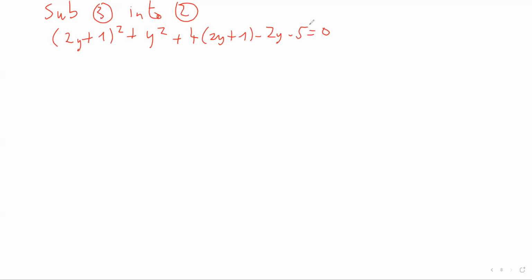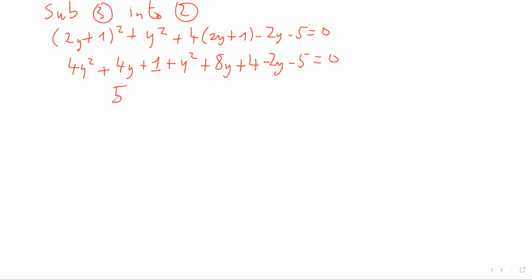Then you expand this. So if you expand this, you will get 4y squared plus 4y plus 1 plus y squared plus 8y plus 4 minus 2y minus 5 equal to 0.